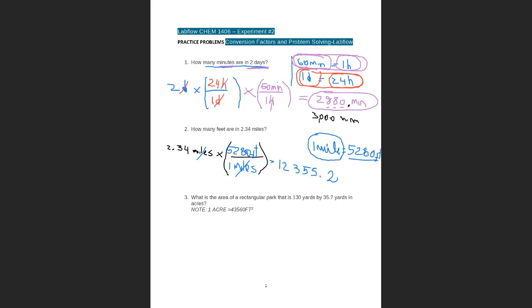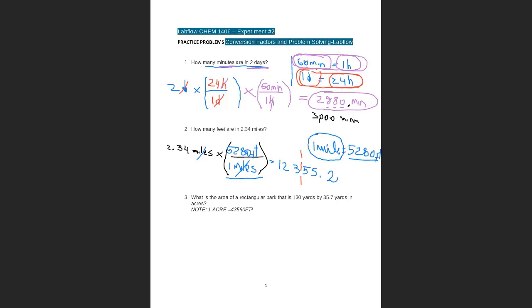Remember that this is a conversion factor and we count it as infinite sig figs. So our answer has to have the same number of sig figs as my only measurement in this case. How many sig figs? 3, exactly. So I have to cut it here. My answer has to have only 3 sig figs.